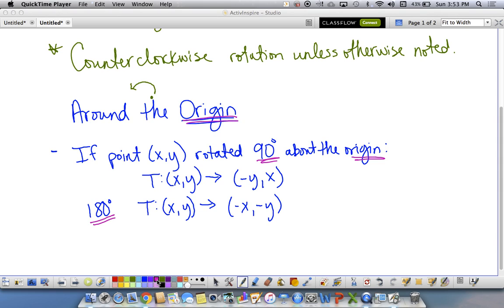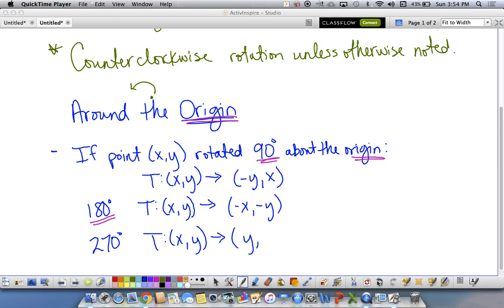And last, if you were doing 270 degrees, these are the only ones that they will ever test you on. 270 degrees about the origin, (x, y) will be mapped to (y, negative x).